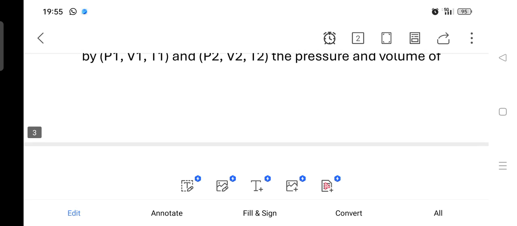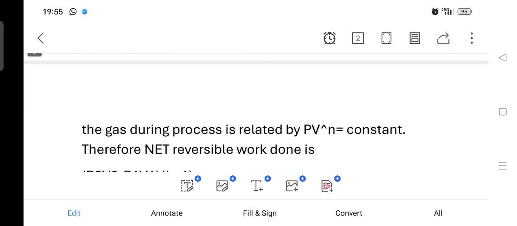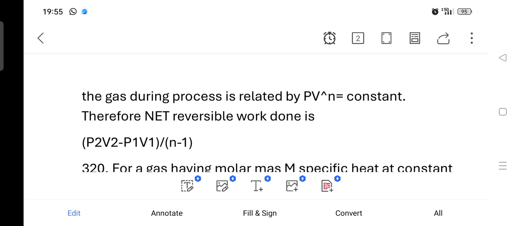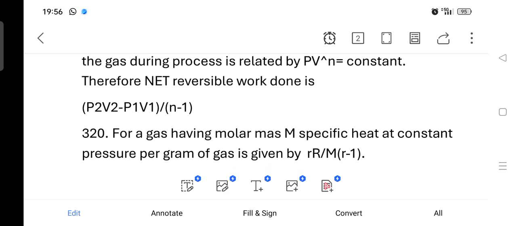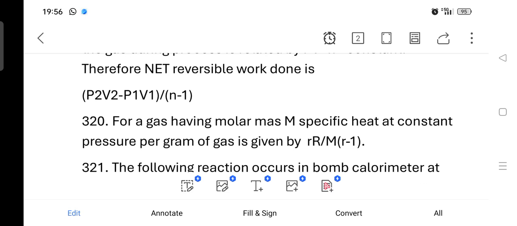The pressure and volume of the gas during the process are related by PV to the power n equal to constant. Therefore, net reversible work done is P2 V2 minus P1 V1 by n minus 1.